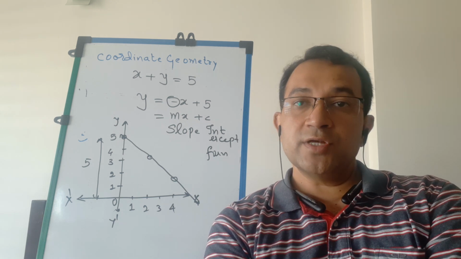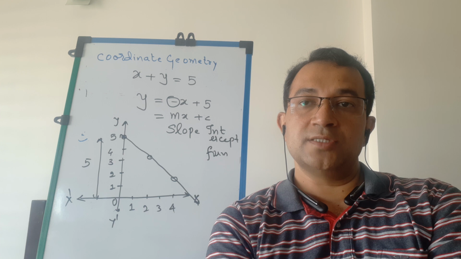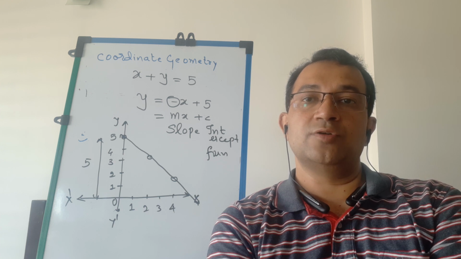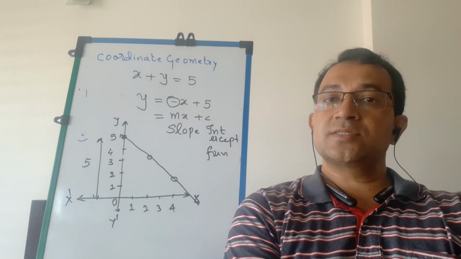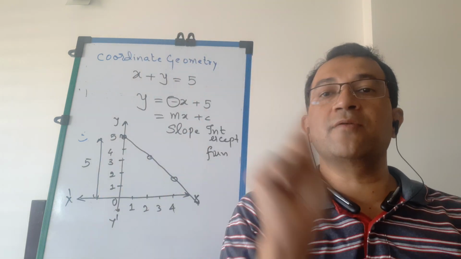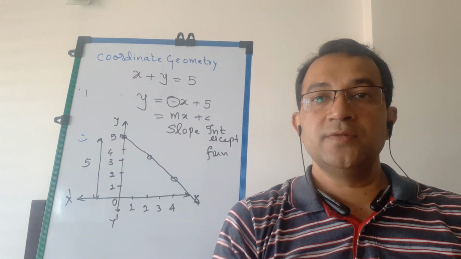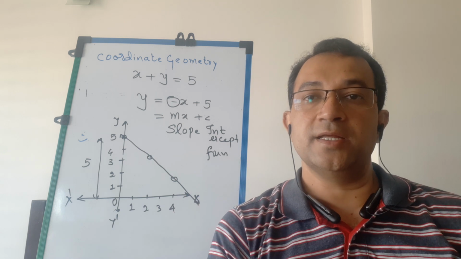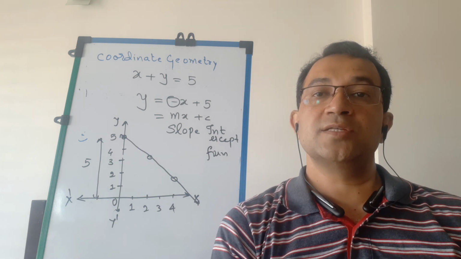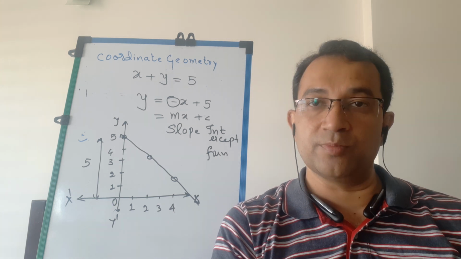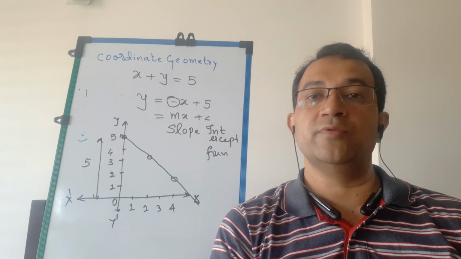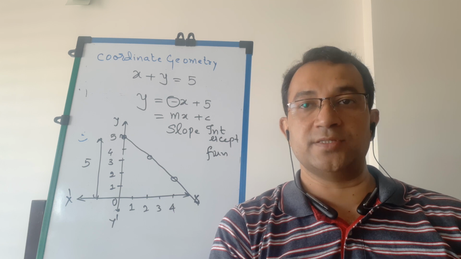And when the equation of the line itself is known, the slope is m is equal to minus a by b. Then from this general form, if I make y the subject of the formula and shift the terms to the right-hand side, such a form of line is called slope-intercept form, where the coefficient of x is always the slope and the constant term is always the intercept on the y-axis.